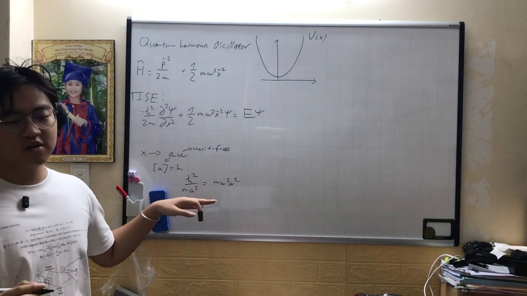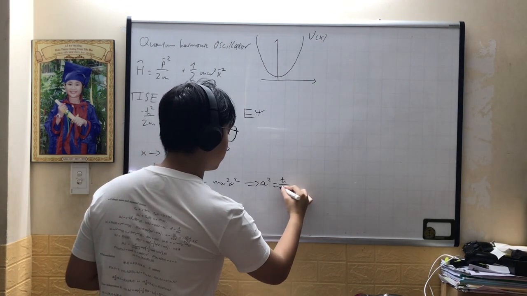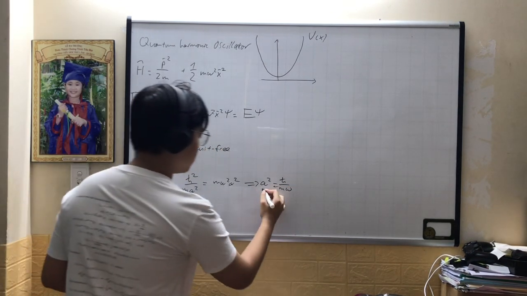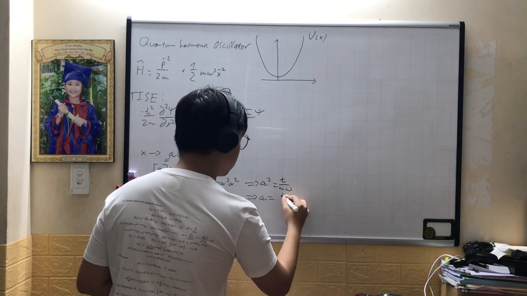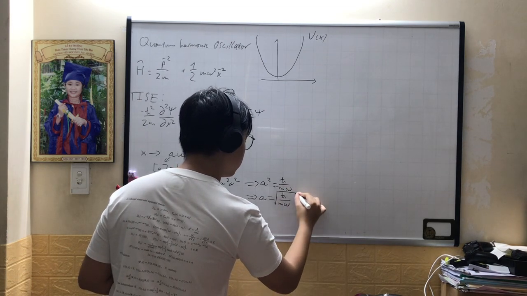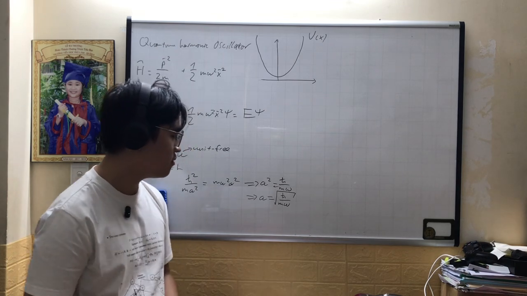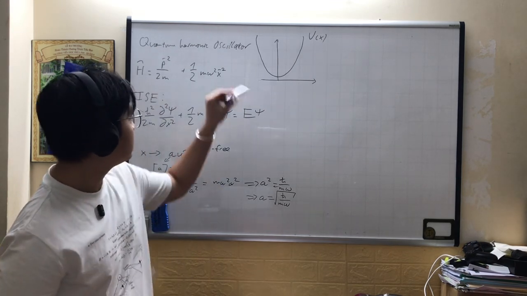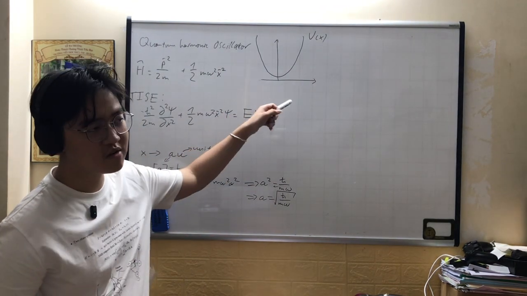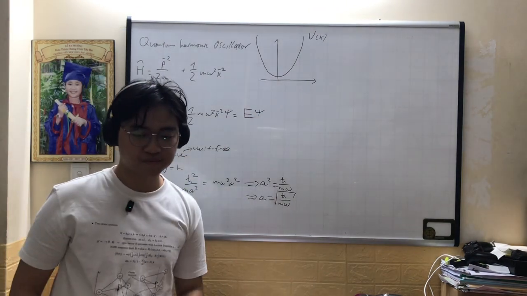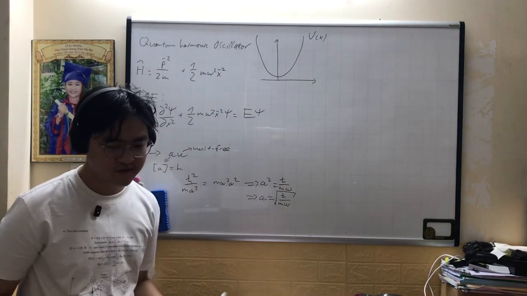From this, you get a squared equal to h bar over m omega. The root of this, which is a, is root of h bar over m omega, and that is the characteristic length scale of your quantum harmonic oscillator, which is the length from, I think, center to the bound. So that is the characteristic length scale that you get from doing this.